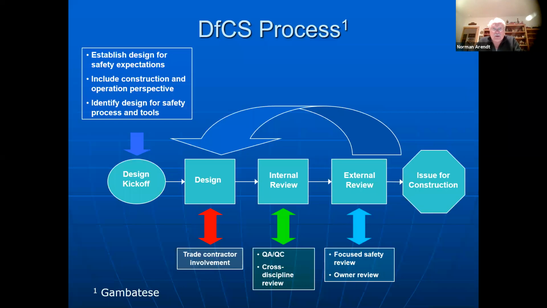to make sure that this process is actually constructible. Looking at it in a line diagram, what we're looking at is you have the design kickoff. The key component is the incorporation of site safety knowledge right up front, where it says establish design for safety expectations. The key component is that.